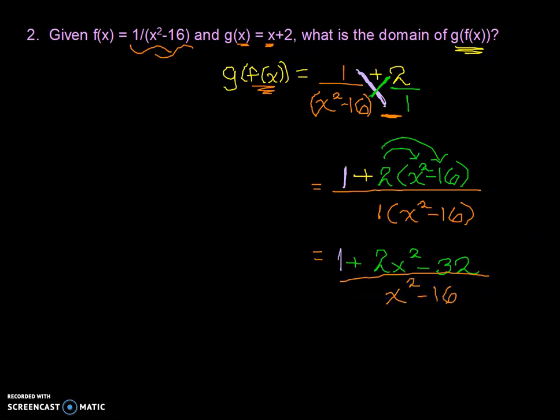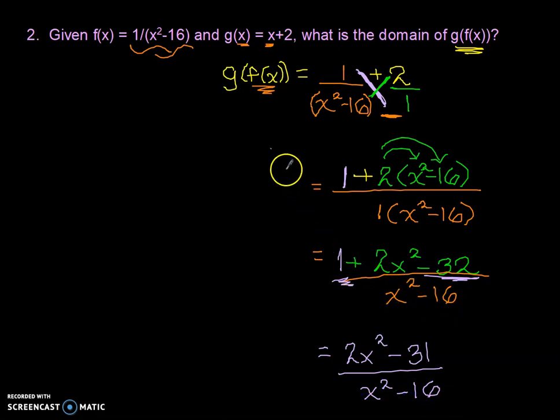So combining like terms in the numerator, the 2x squared comes down. I have 1 minus 32, which is negative 31, over x squared minus 16. Okay, so this is that straight line, I warned you guys about that. g of f of x.